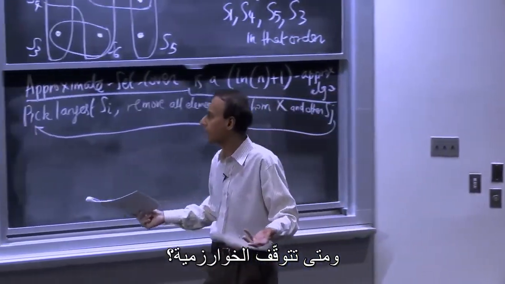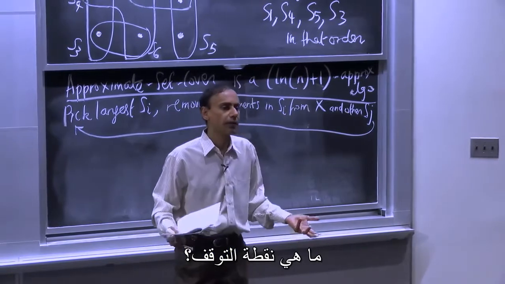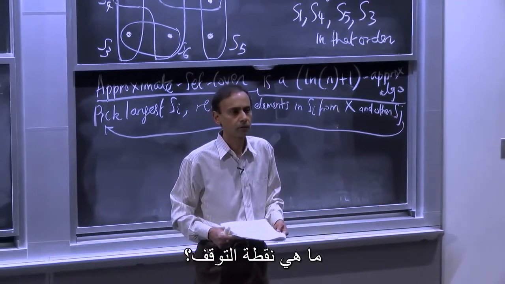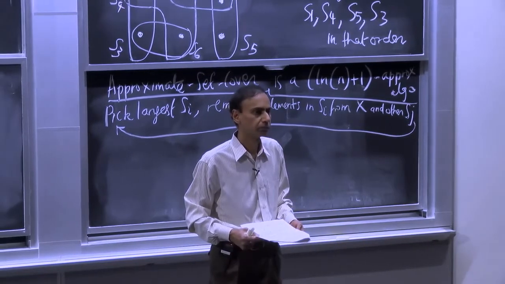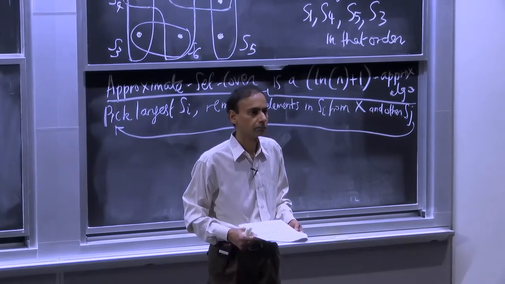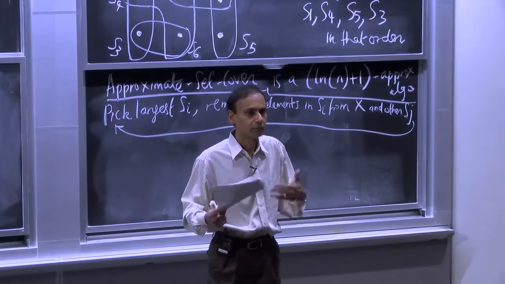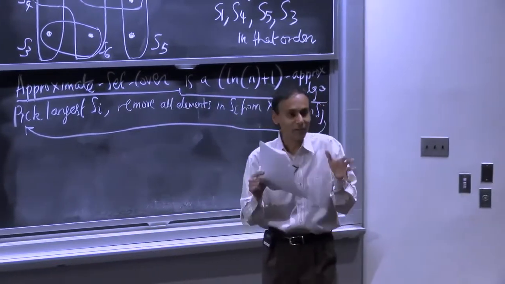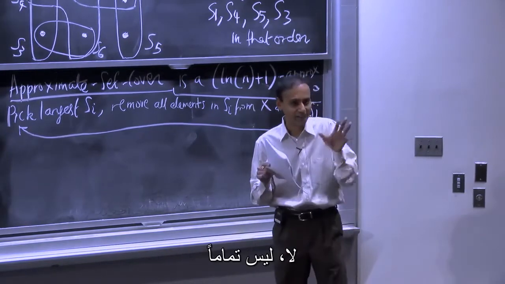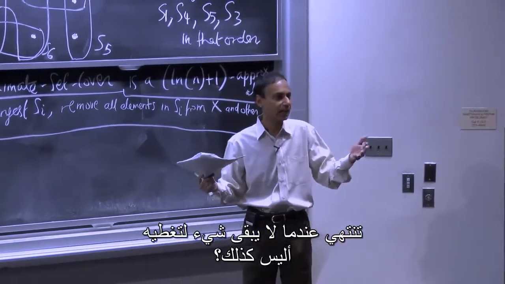And when do I end? What is my stopping point mathematically? When do we end this lecture? When you give me the answer. No, not quite. I end when I have nothing to cover.